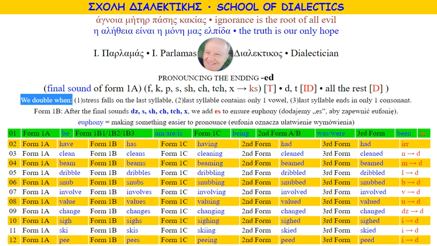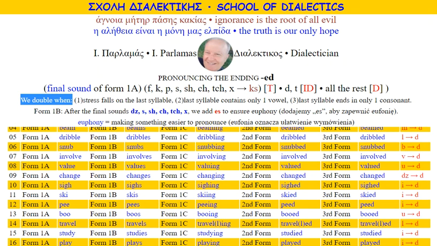So the stress must fall on the last syllable, and here the stress does not fall on the last syllable, travel, okay? And the last syllable must contain one vowel. It does contain one vowel, and the last syllable ends in only one consonant. When these things happen, we must double, okay?